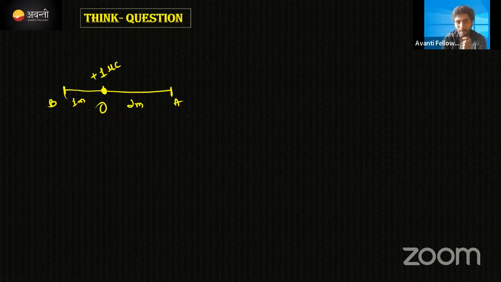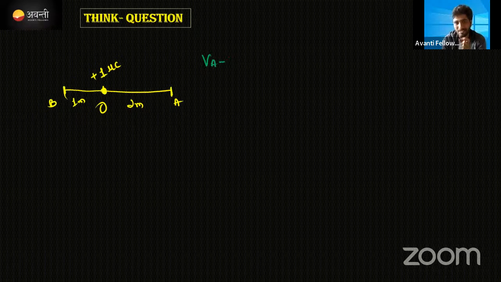Guys, may I know what is the potential difference, VA minus VB? Who will tell me first? I'm waiting for your answer. Take 1 minute. This is a neat question, I explained it in a simple way.